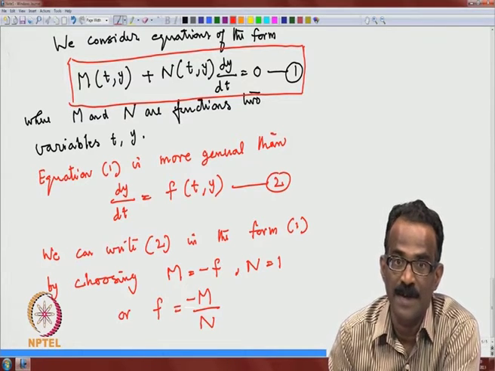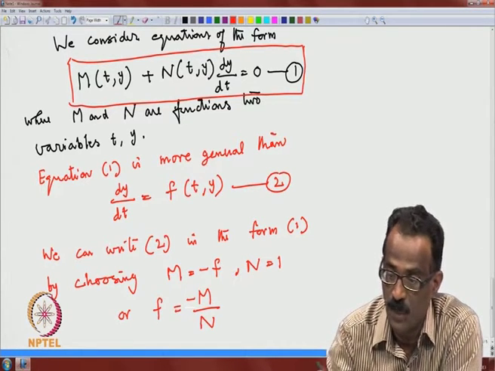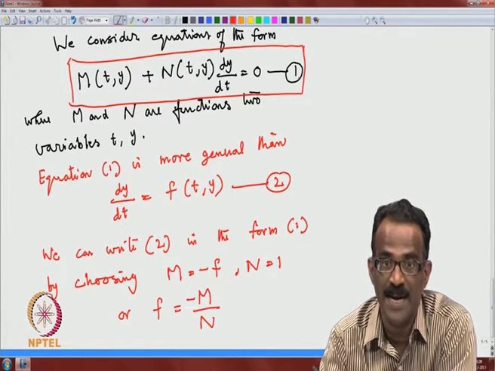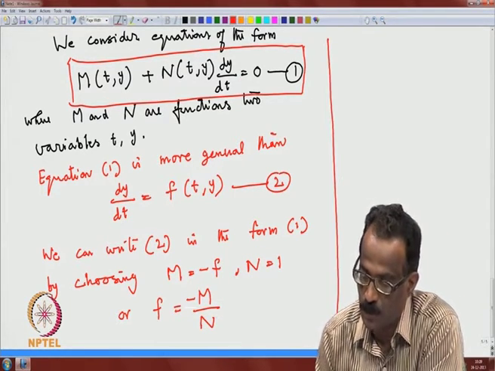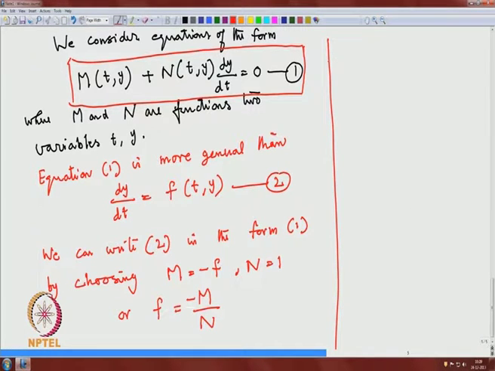So, equation 1 gives you an added advantage in representing this equation. In books, and I also want to make sure for students who are studying in the university system, quite often these equations will be written in this form, M dt plus N dy equal to 0.